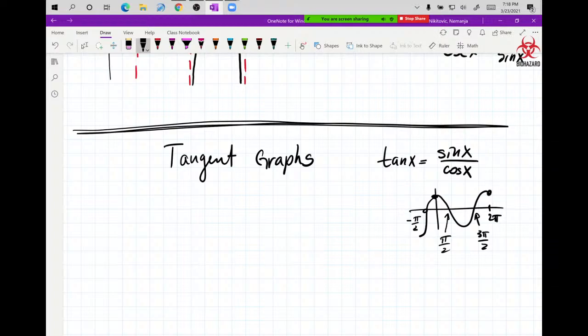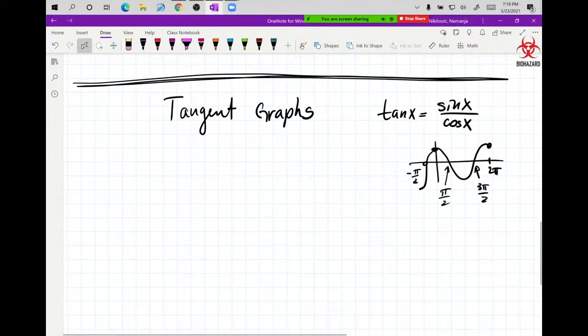So that means that the vertical asymptotes for tangent occur, well, infinitely many times, first of all. They occur at every point where cosine has a zero.